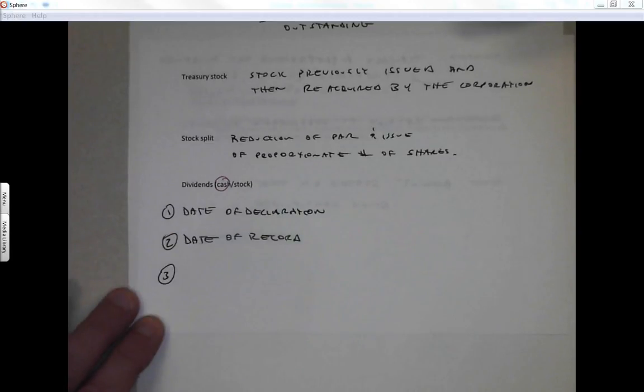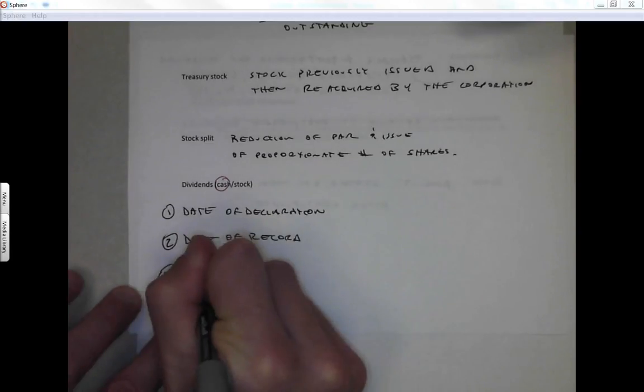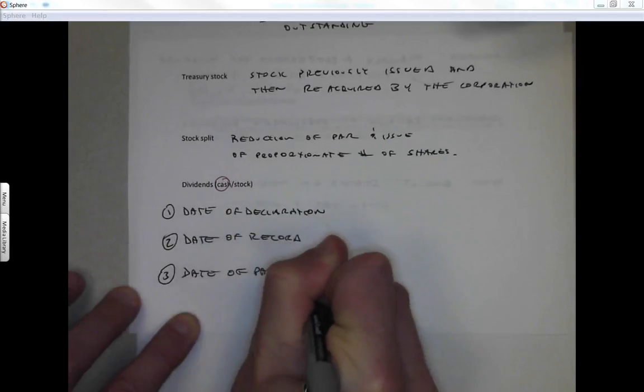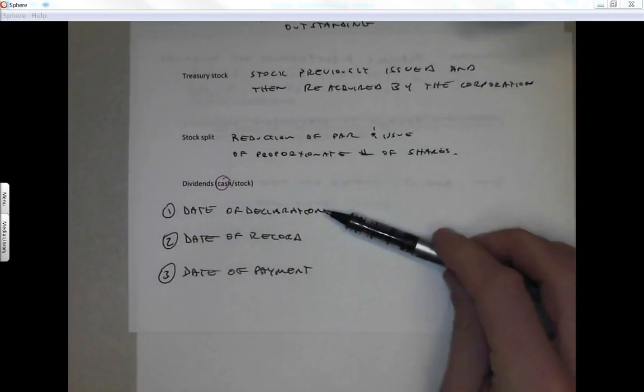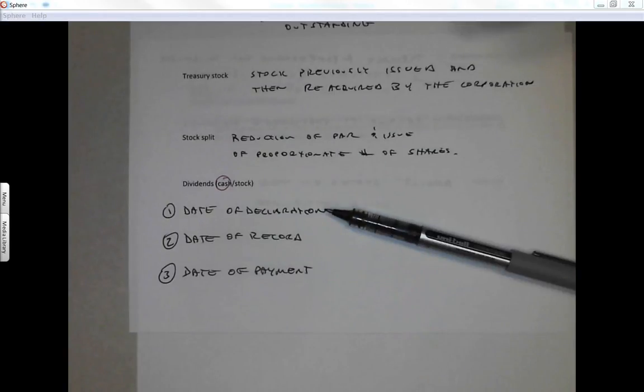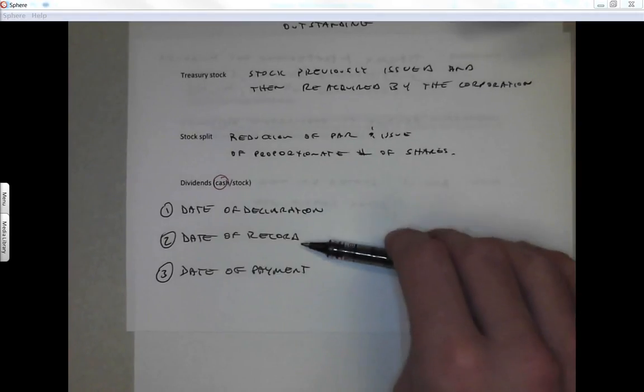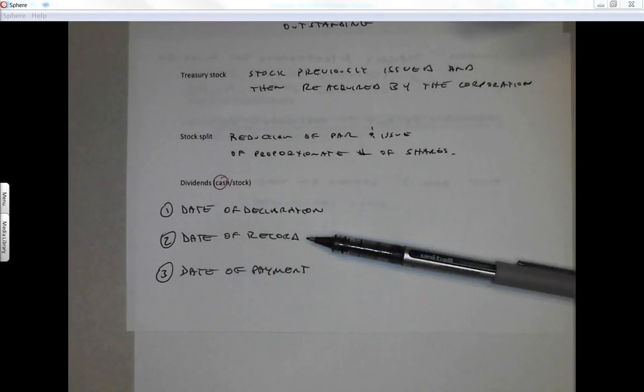And the last one is the date of payment. So maybe December 15th is the date of declaration. We have a board meeting and declare a $4 per share dividend, and we're going to pay it to everybody that owns stock as of the date of record, December 31st.